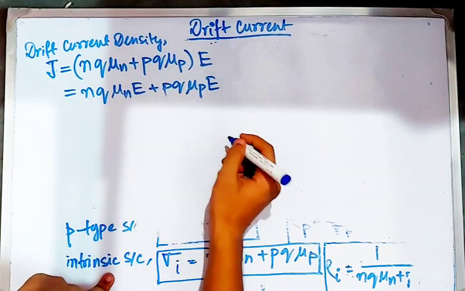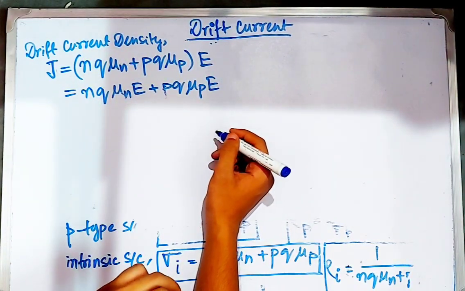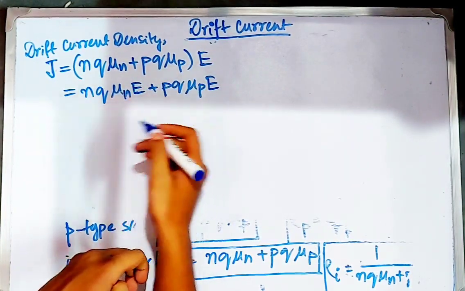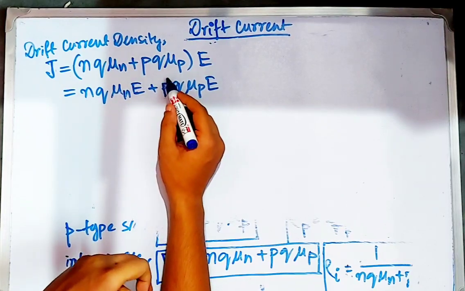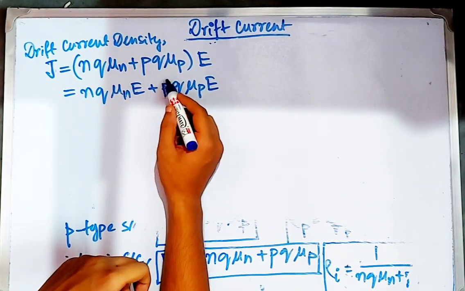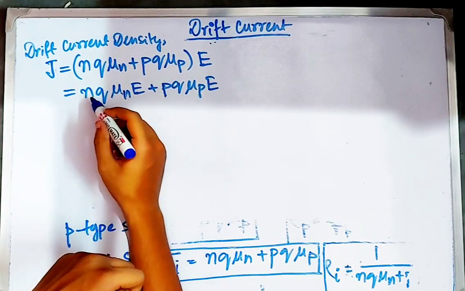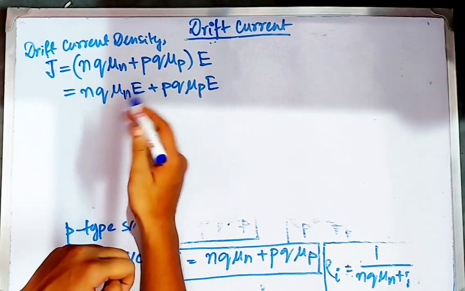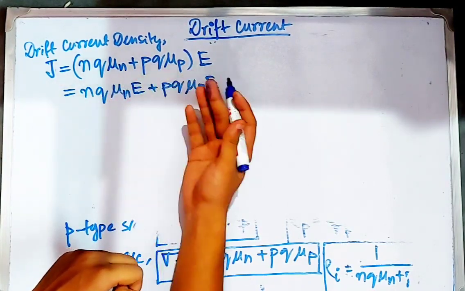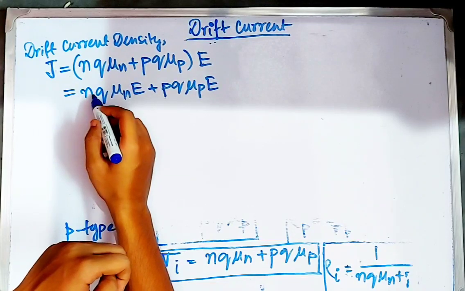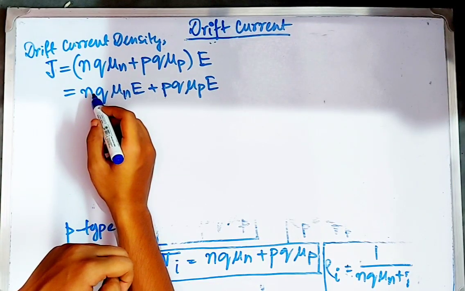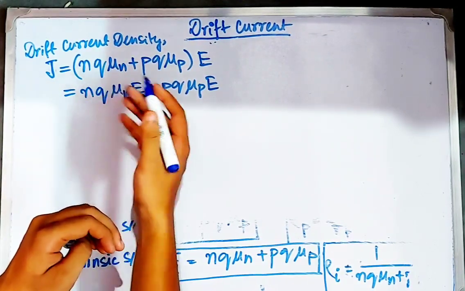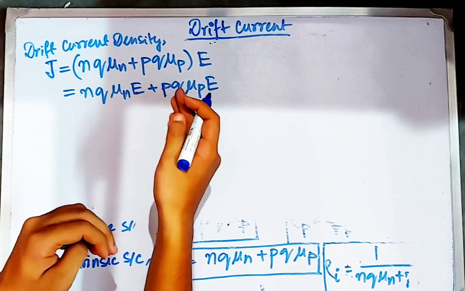I am considering the intrinsic semiconductor because if we deal with the n-type semiconductor, then of course the density of holes is very low compared to the density of electrons. So of course that time this term will get cancelled out. And if we talk about the p-type semiconductor, then the value of n, which is denoted by the density of electrons, is very low compared to the density of the holes.